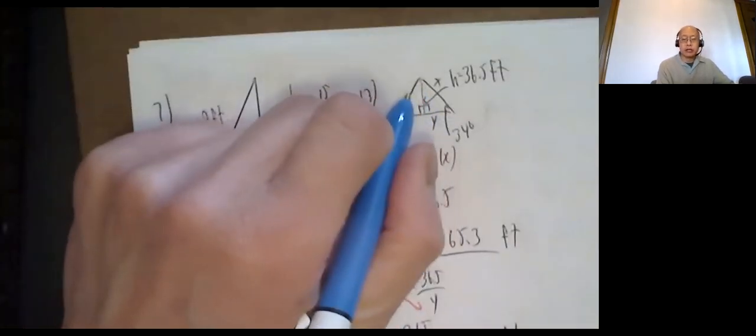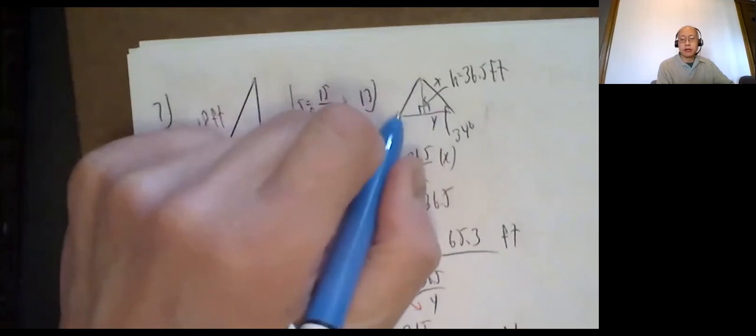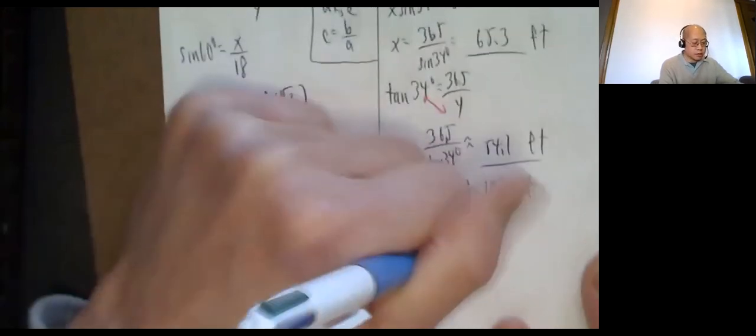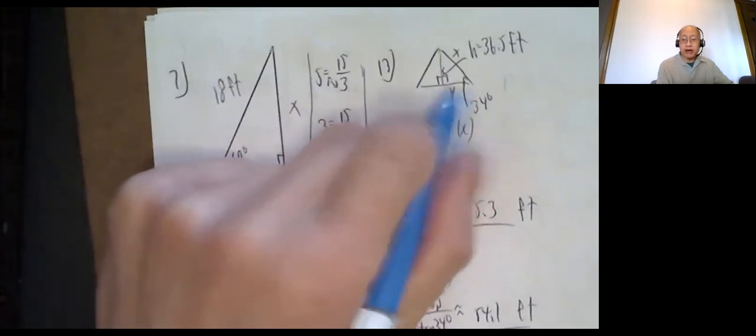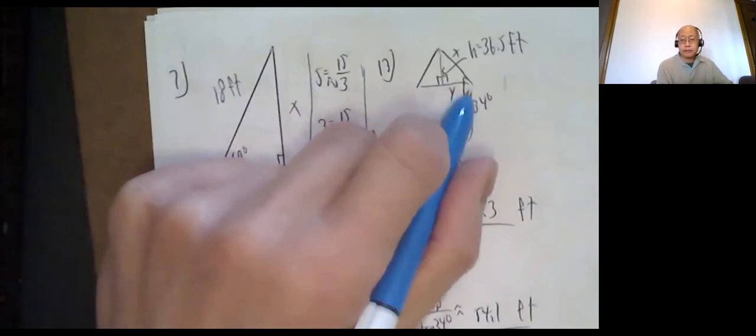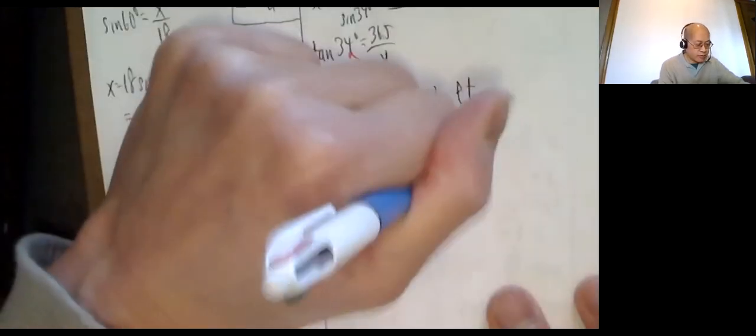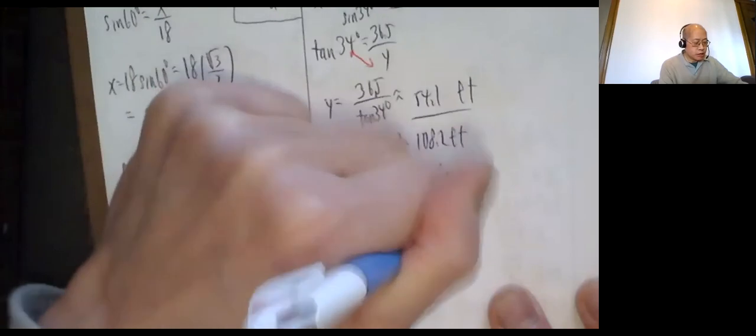Now it asks for the area of this entire gable, they call it. It's a triangle, so area is 1/2 base times height. Area is 1/2 BH. So 1/2 of the entire base, I only found half of it, so just double it. 1/2 of 108.2 times the height, which is 36.5. It's going to be so many square feet.